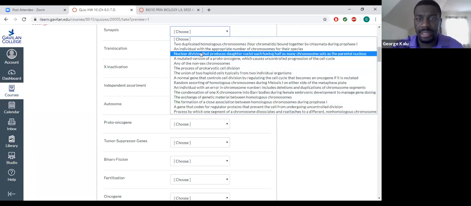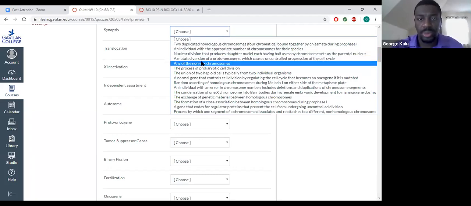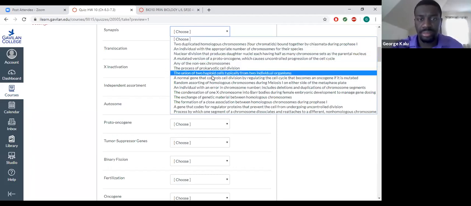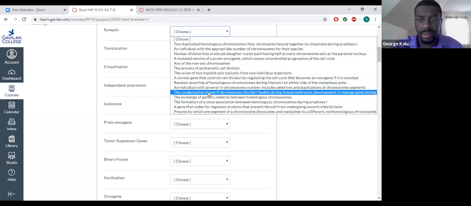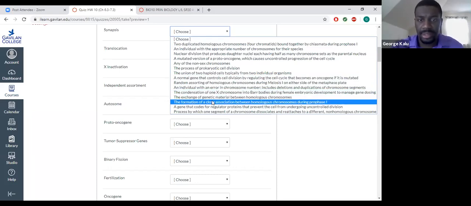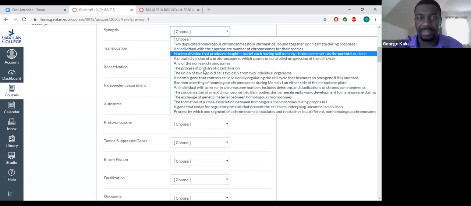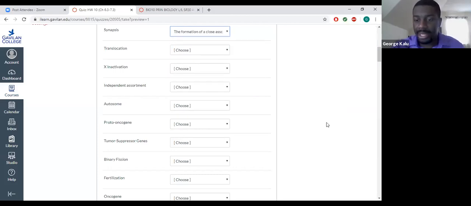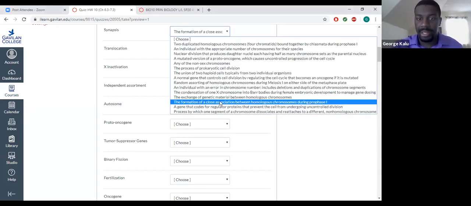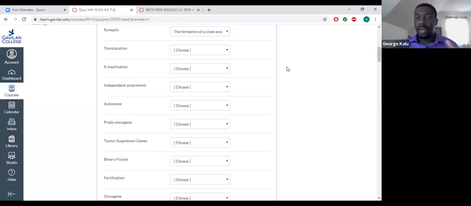Where is that one at? Okay, it's somewhere here, but I'm too lazy to find it. But yeah, so it's going to be a pairing of two homologous chromosomes. So when you end up with two homologous chromosomes that end up coming together. Oh yeah, there we go. Okay, right. So when you have two homologous chromosomes coming together and actually forming a union, okay, that's going to be where we form a synapsis. Perfect.